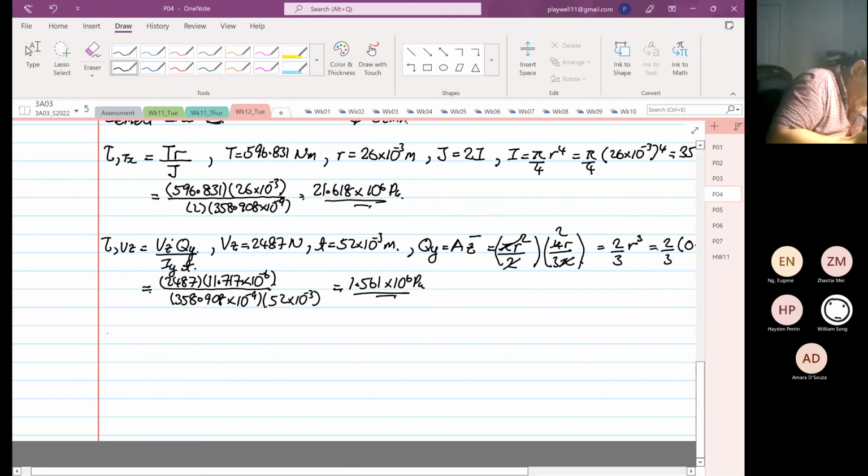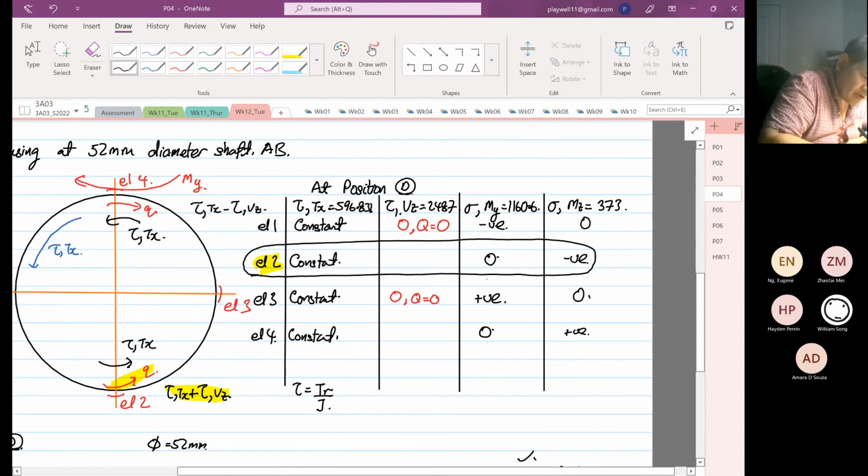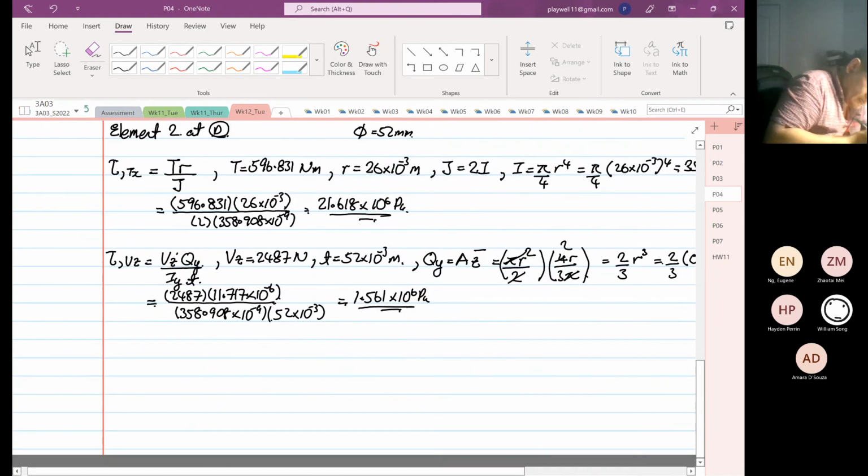Okay. So if you look at the normal stress, it will be generated by 373. So only Mz will generate the stress X. Stress X is equal to Mz over Izz multiplied by y.